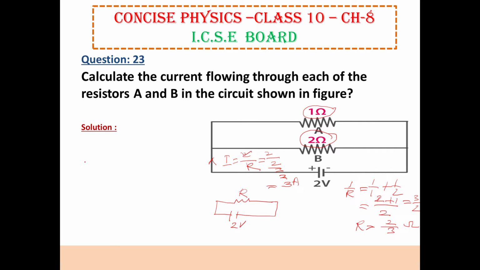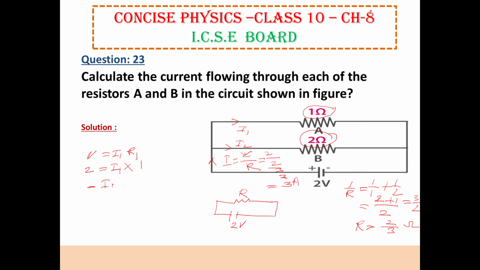As the voltage is 2 across each resistor, I can find the current. If the currents are I1 and I2, you can apply Ohm's law, V equal to I1 R1. So V is here 2 volt, I1 we don't know, we'll have to find out, and R1 is 1 ohm.